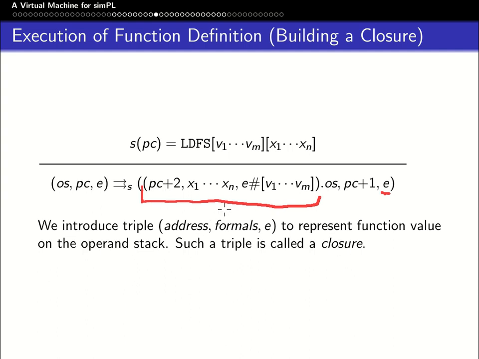Then I need my set or sequence of arguments. And then I need to capture the current environment. So if you remember the concept of closure, you define a function, and all the variables that are outside of the scope are sort of linked into the function.